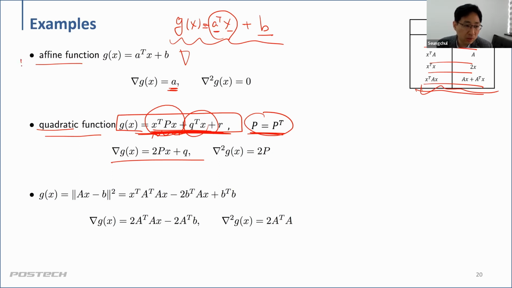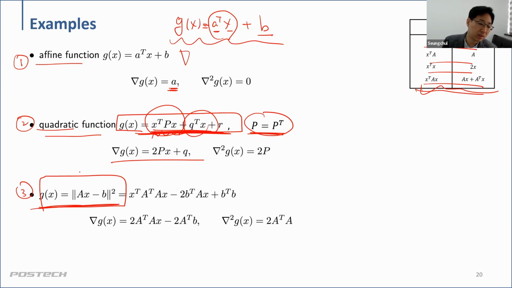And this one is first affine transforms, and the second is quadratic functions. And the last one is here. What is this, by the way? I think we saw it last time. You guys remember, it's the overdetermined linear system, remember that?